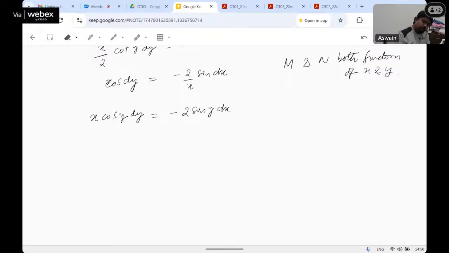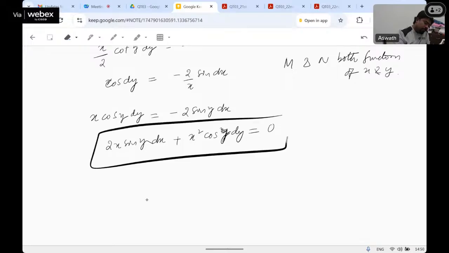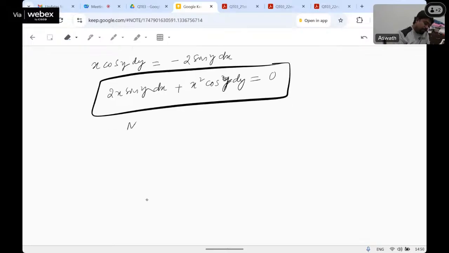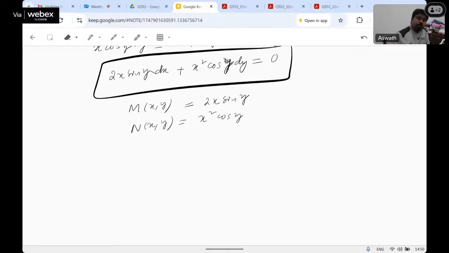Then the rearrangement: 2x sin y dx plus x square cos y dy is equal to 0. Now if you carefully see, my m of x comma y is 2x sin y, n of x comma y is x square cos y.